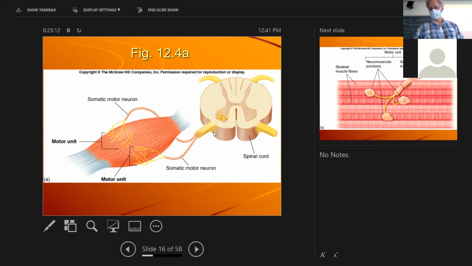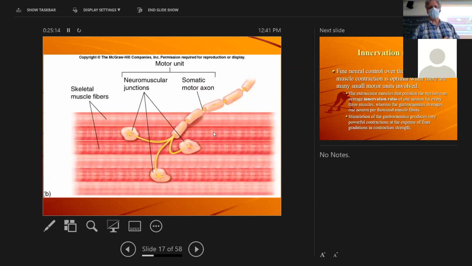Also, and here's a neuromuscular junction. We talked before about an immunological disease where you make antibodies to nicotinic acetylcholine receptors. Remember what that disease was called? Something gravis? Yeah, you got one part.